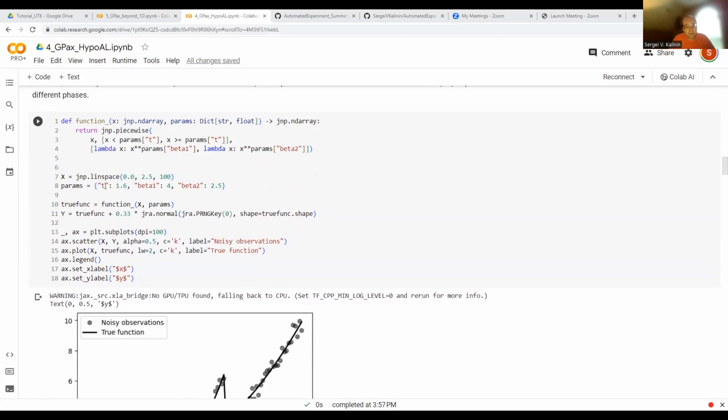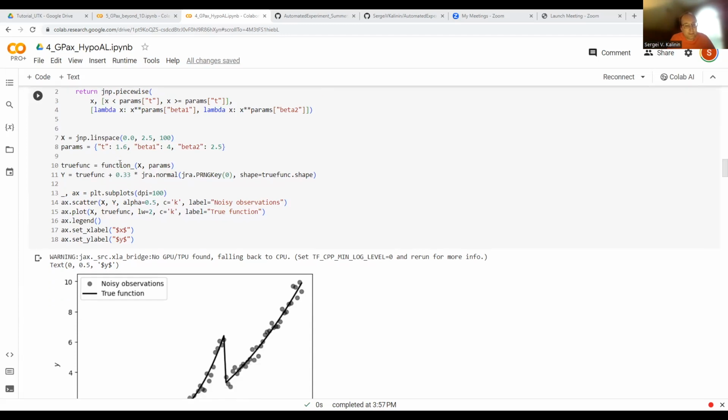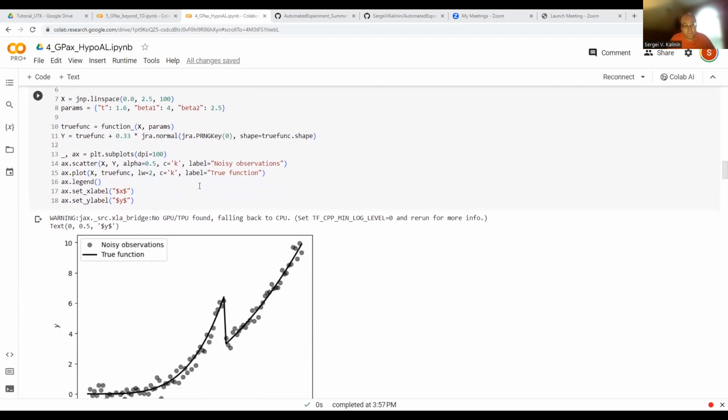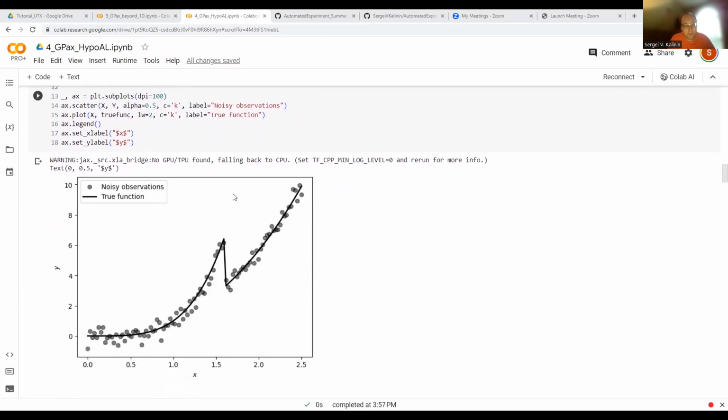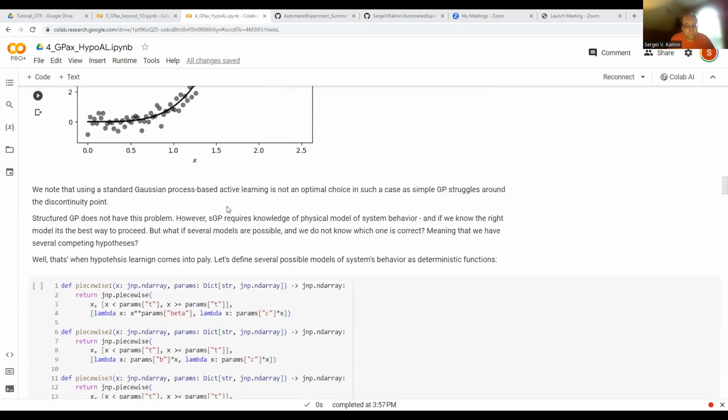We define the values of our parameters: the location of the jump, the power beta 1 is 4, and beta 2 is 2.5. Same example of the function as we did in the second lecture. And we define the measurement as the true function plus some noise. Notice that in this case, we provided a fairly large number of points to sample it.